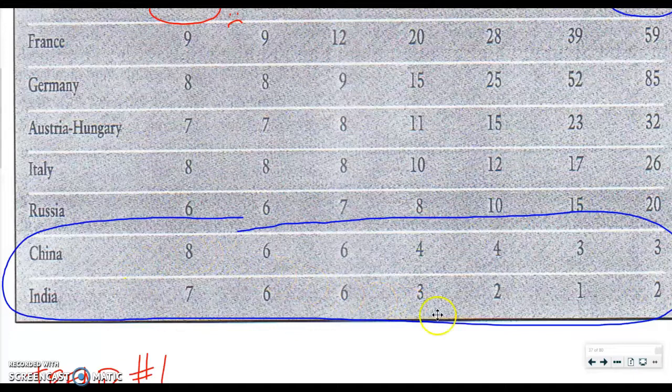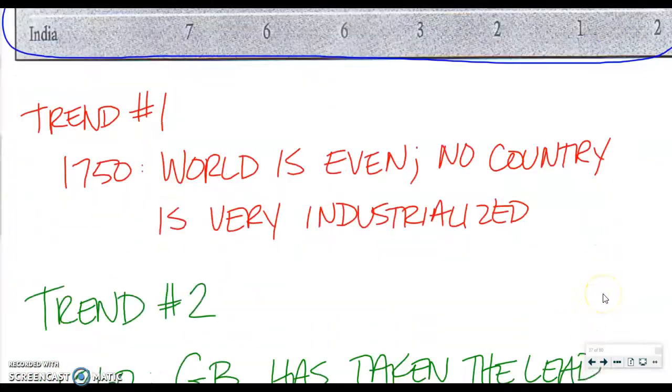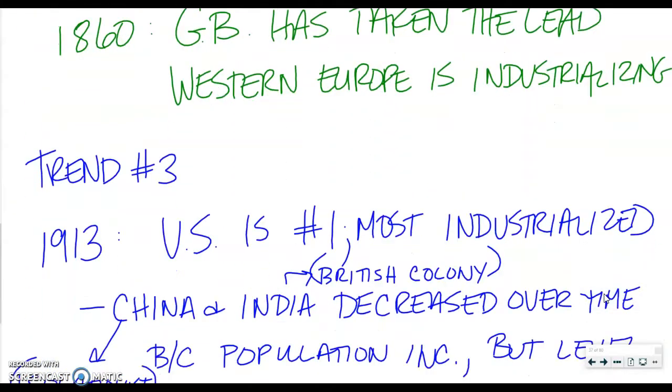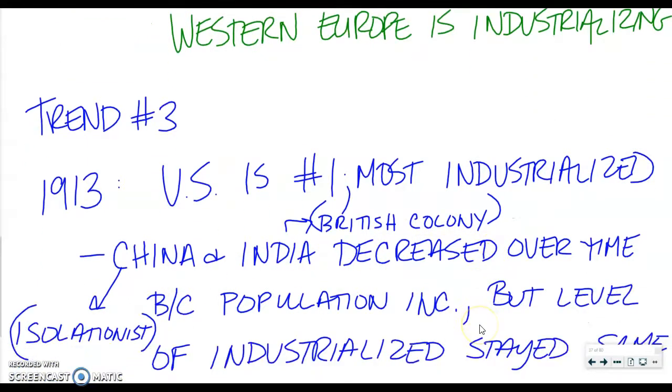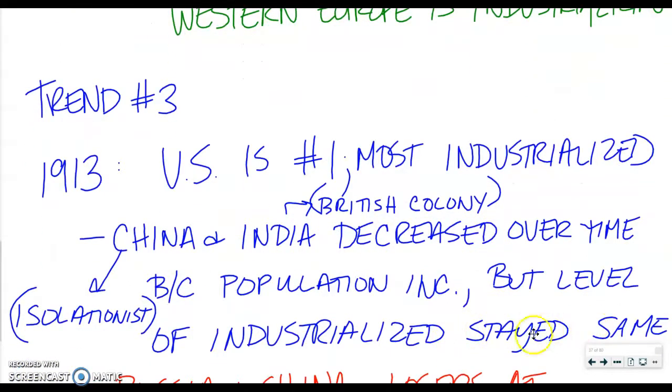And that's what's happening here as we divide that candy bar, that level of industrialization, against a bigger and bigger population. That piece of that candy bar that they get is smaller. So the next part of trend number 3 is that China and India decrease over time because their level of industrialization stays the same, but their population increases.